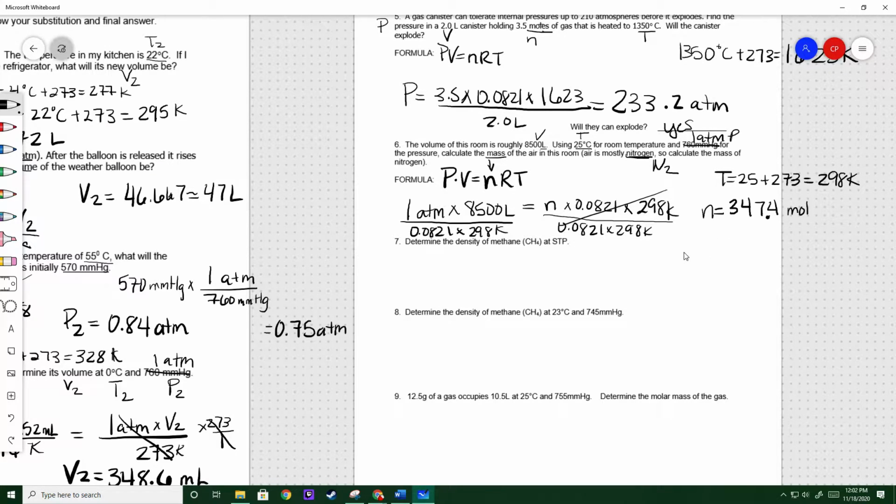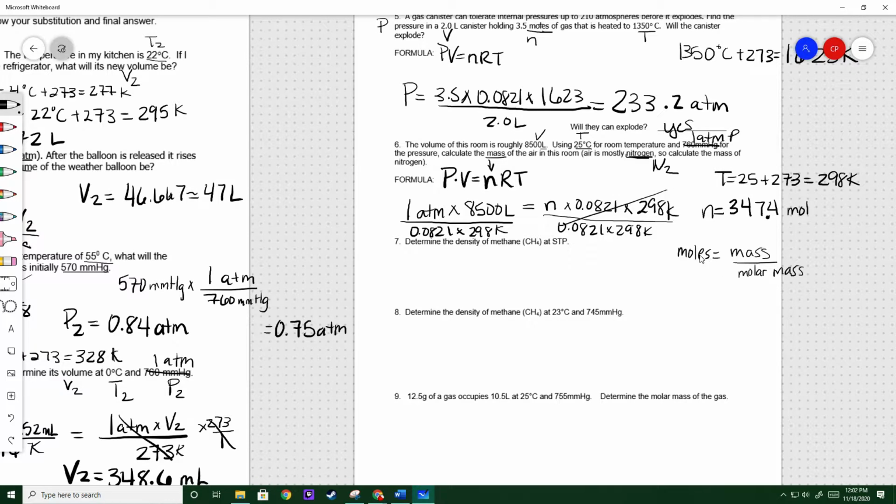Remember that the moles of something is equal to the mass divided by the molar mass. That gives you how many moles you have.